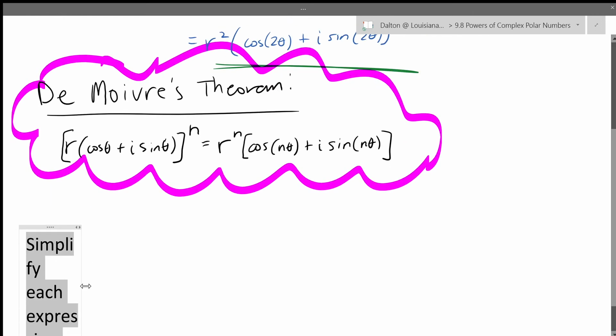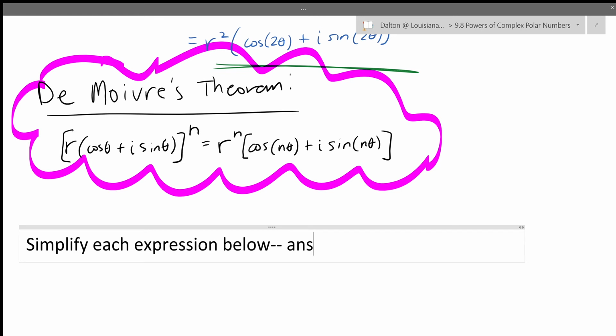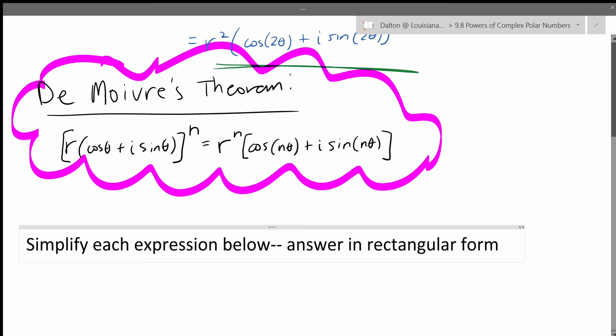Answer in rectangular form. Just to recap, y'all, rectangular form is of the form a plus bi.